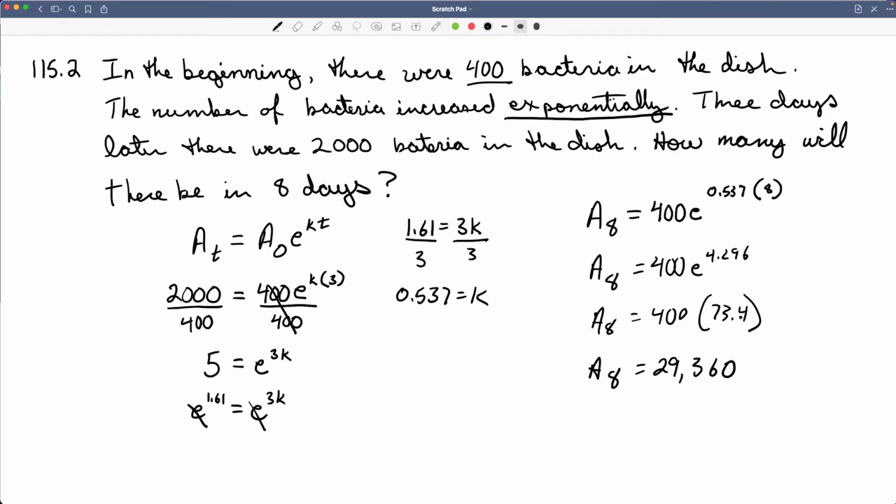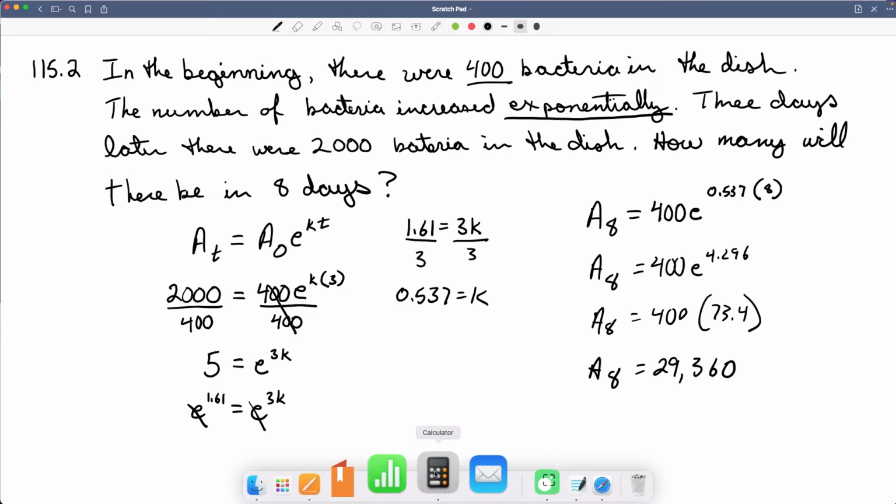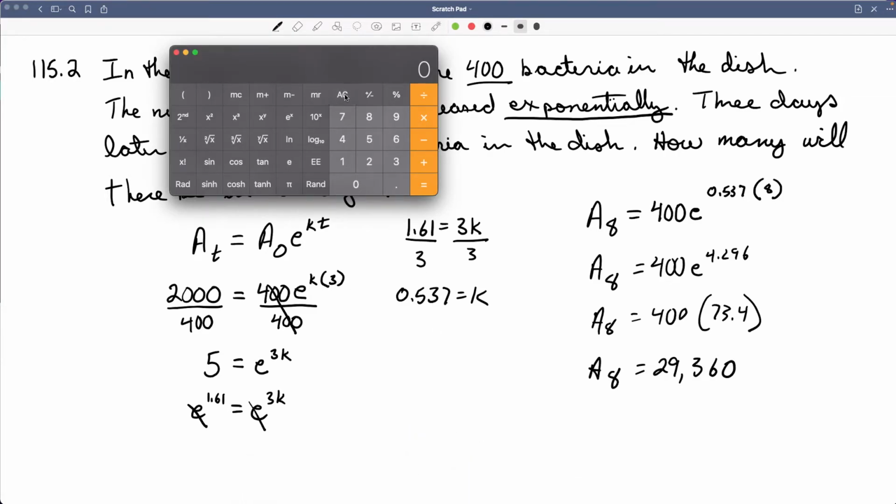I will say that you'll get a much more accurate result if you just keep it on the calculator. So for instance, 1.61 divided by 3 gives you your constant here. Then you multiply that times 8. You haven't taken anything off the calculator yet.